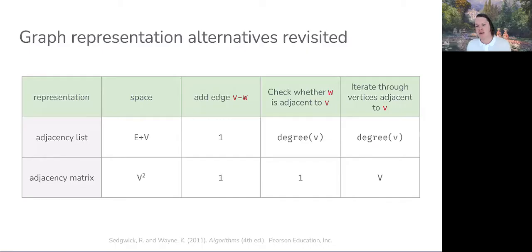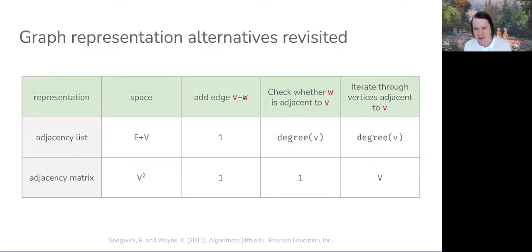Now, if we want to check whether W is adjacent to V, that is going to require us to iterate through, in the worst case, every node incident to W. We won't know whether or not a connection between W and V exists until we've either found it in W's adjacency list, or we've hit the null pointer and looked at every node that is incident to W. So maybe I got that reversed.